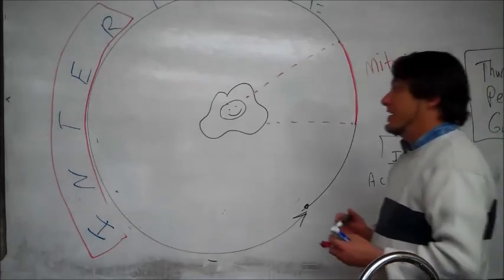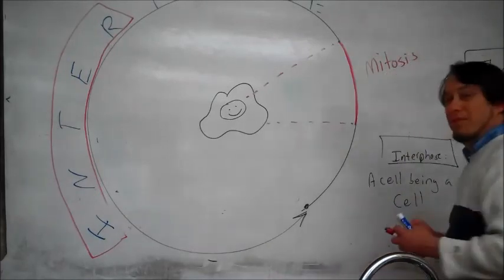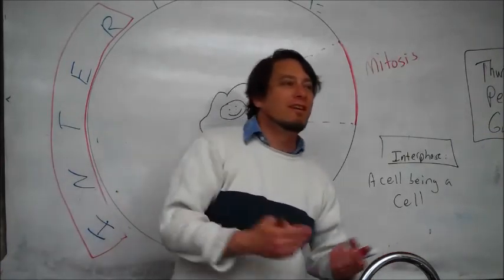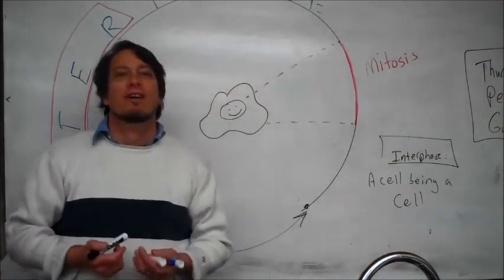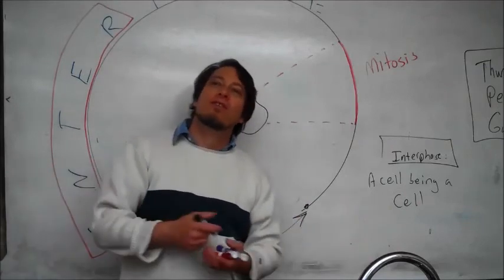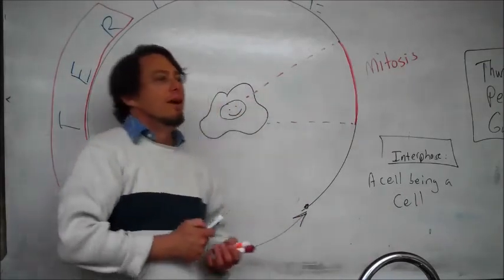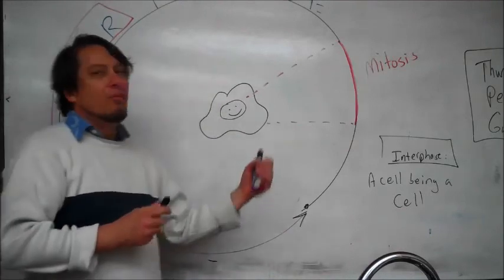And that means that there's some metabolism, there's some food to eat, there's some oxygen to take in, there's some waste to get rid of, there's some growing to do, but it's all basically in between mitosis phases. So a cell being a cell.